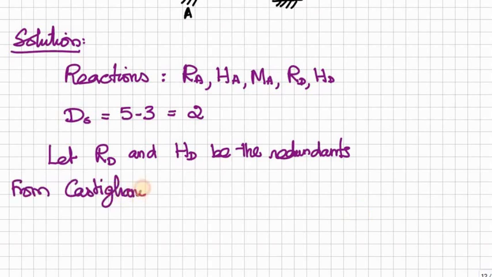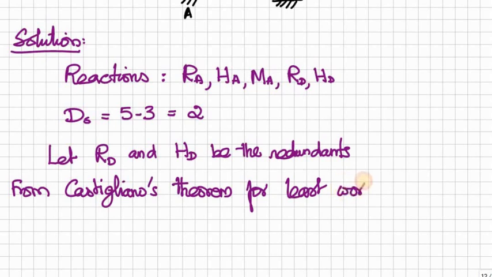From Castigliano's theorem of least work, the partial derivative of the total strain energy with respect to the redundant is equal to 0, because the support is not sinking or yielding. Otherwise, we have to assign that sinking value.